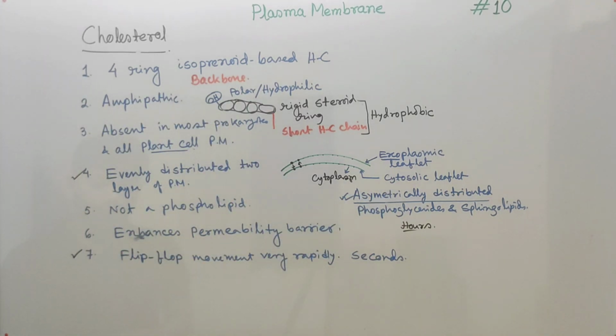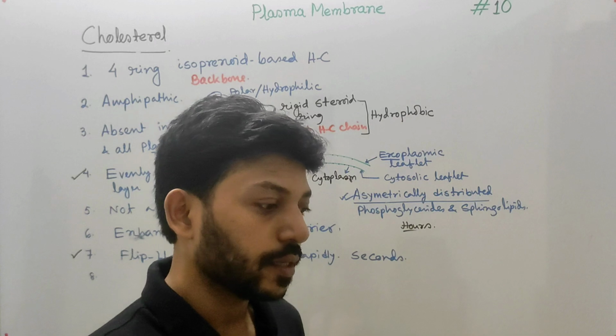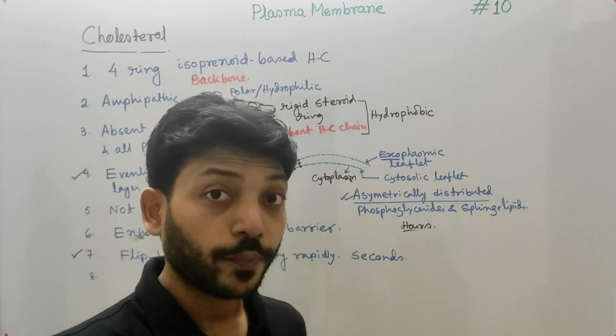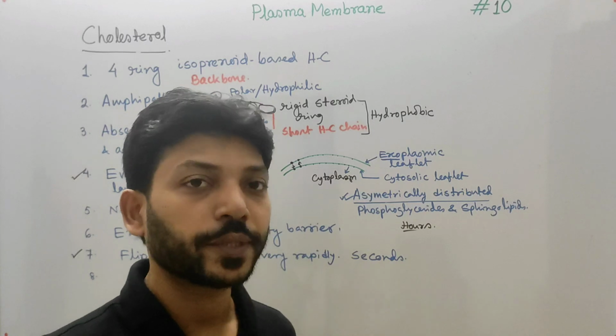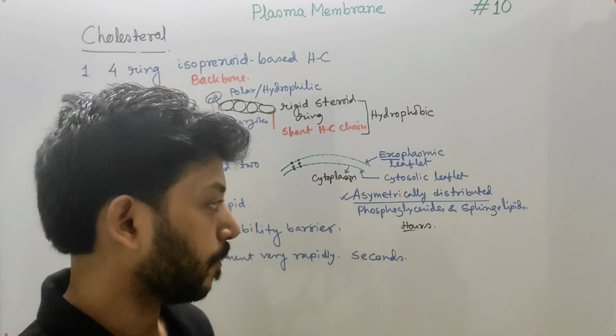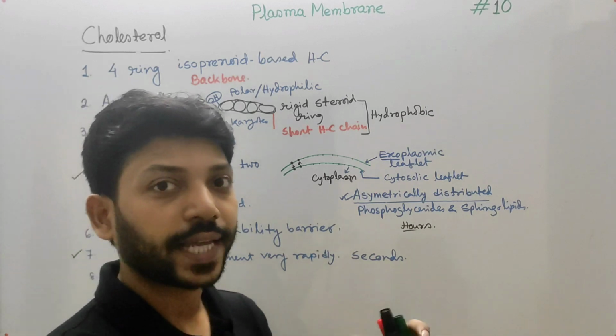Now the point 8 we can remember is that cholesterol actually maintains proper fluidity of the membrane, because the membrane is not rigid in structure. I have already mentioned in my basic facts on the plasma membrane that the membrane is not a rigid structure, it can bend and flex.